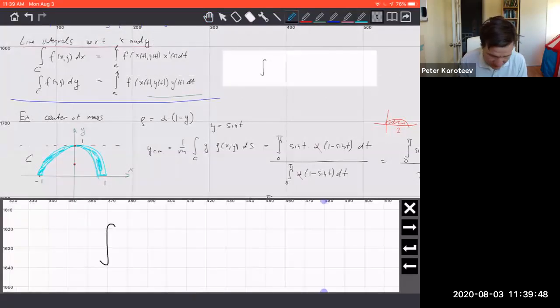So we can have, for example, the integral of a function f of x, y over dx.